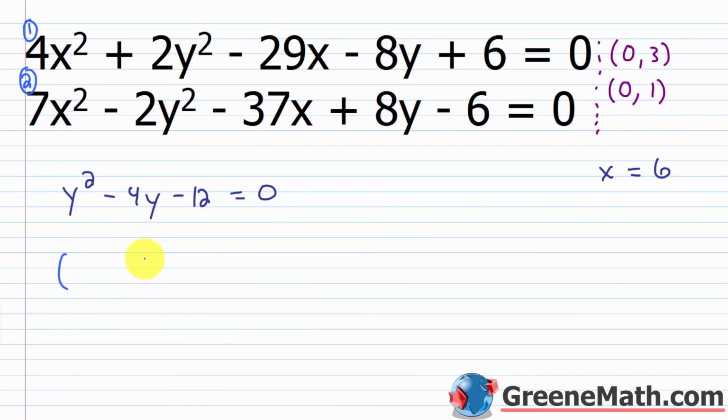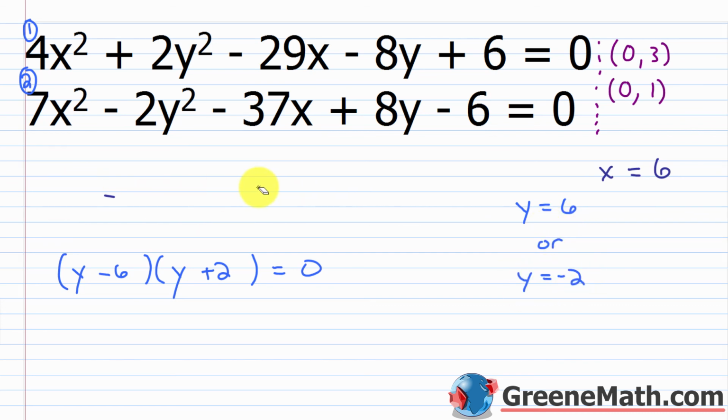So I can factor the left side here. This is y, this is y. Give me two integers that sum to negative 4 and multiply together to be negative 12. Well, of course, you could do negative 6 and positive 2. So we know the solutions here would be that y equals 6 or y equals negative 2, right? If I set each one of these factors equal to 0. So y equals 6 or y is going to equal negative 2.